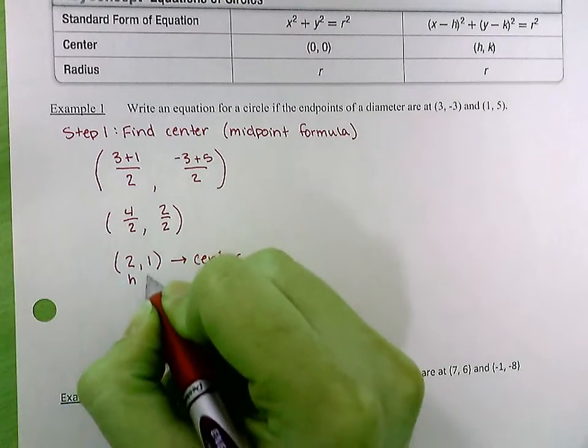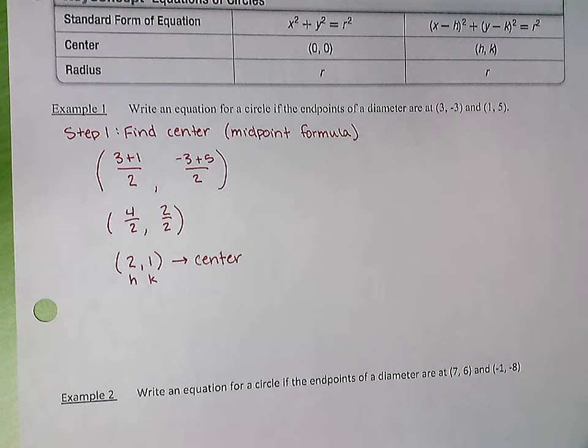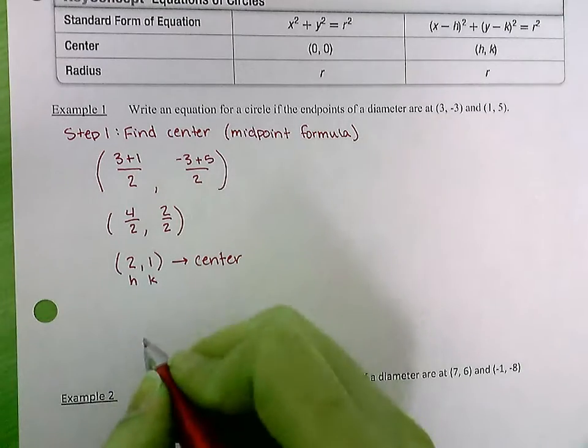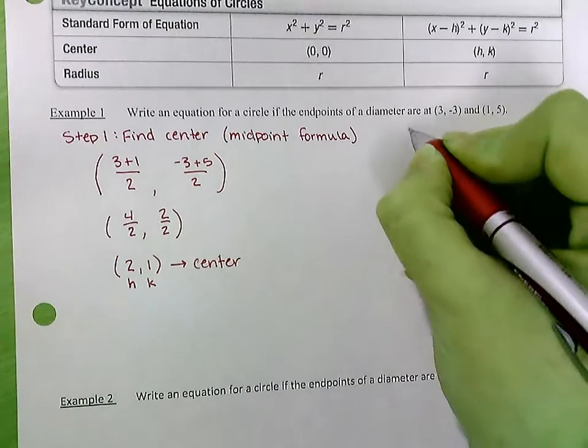So 2 is H, 1 is K. Now we still need to find the radius. Okay, so in our standard form for a circle, you need the center point H and K, and you also need R. Okay, so our step 2, we'll write it over here.